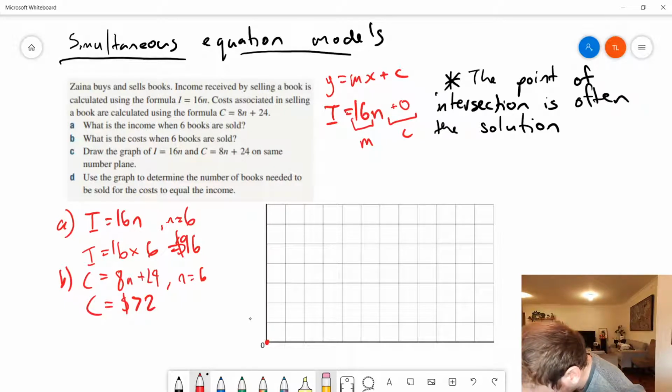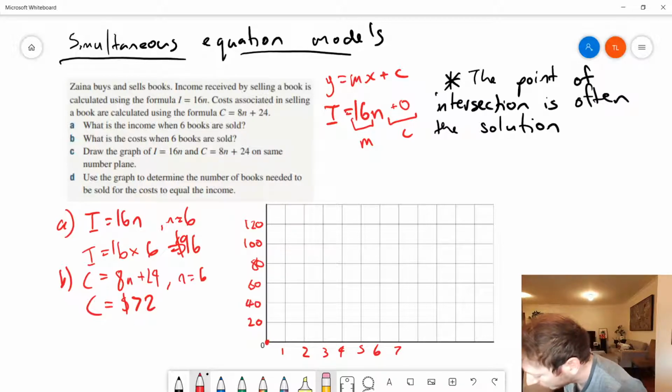So let's say we've got 20, 40, 60, 80, 100, 120. The books sold can be 1, 2, 3, 4, 5, 6, 7. I think that might be too many, but we'll see. Oh no, that'll fit. Alright, so when she sells one book, we're going to go up by 16.